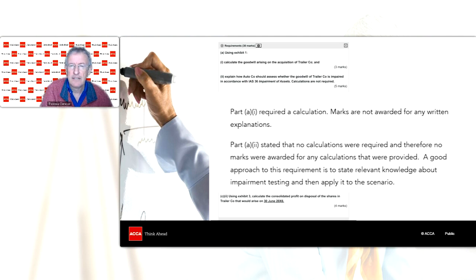Brilliant. Technically correct. It's not answering the question. A part 1 was all about calculation, and A part 2 was all about explanation. You only get marks in A part 1 for numbers, and you only get marks in A part 2 for words.